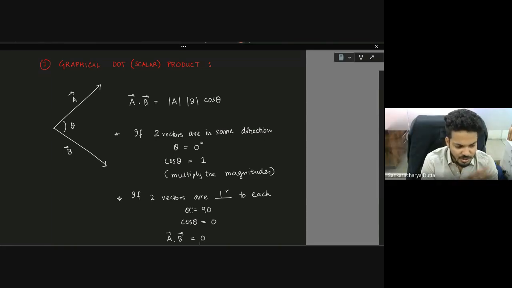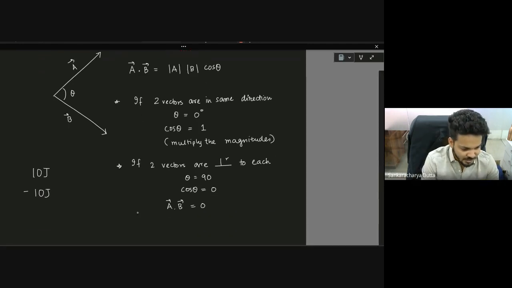And what will be the direction of the answer? No direction. This is a scalar product. Work has no direction. For example, if I do 10 joules of work and I do minus 10 joules of work, it doesn't mean the work done is happening in the negative direction.